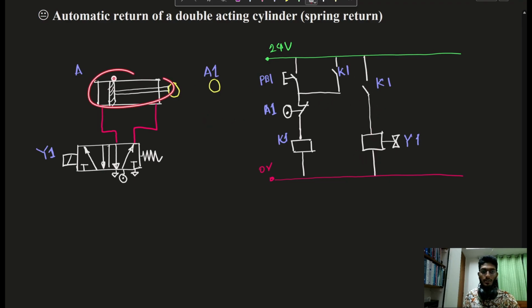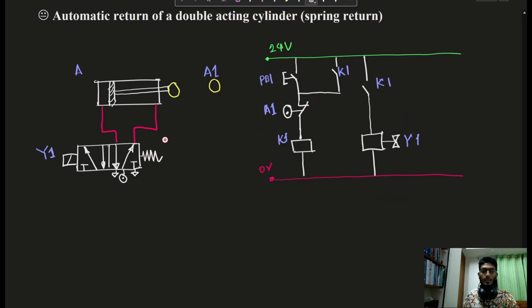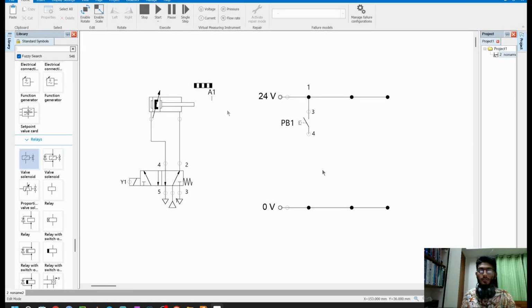Now, when this cylinder moves to this A1 position, this limit switch will sense that and break this contact, so it will get open. So this whole circuit becomes inactive. And after that, this spring action will return the double acting cylinder to its initial position. Let's see in the FluidSIM software. Okay, so I have this push button and let me connect all the components.